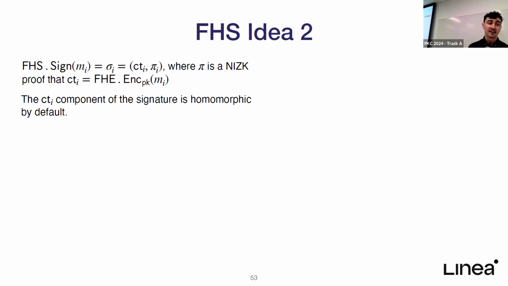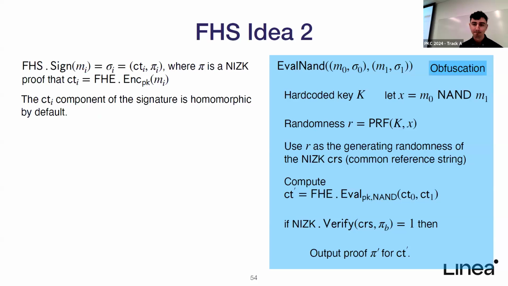So let's look at the second idea. The second idea is to have a ciphertext, which is a fully homomorphic encryption of the message, and then to make a NISIC proof that what is encrypted here is an actual encryption of the message that I want to sign. The advantage is that the FHE component is going to be homomorphic by default. So let's look at how our NAND evaluation circuit changes. This part is exactly the same.